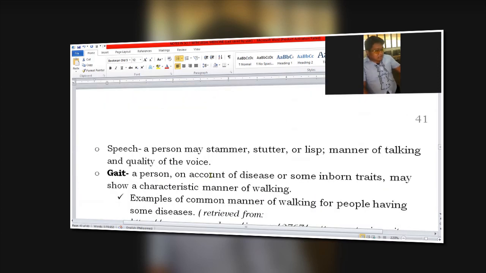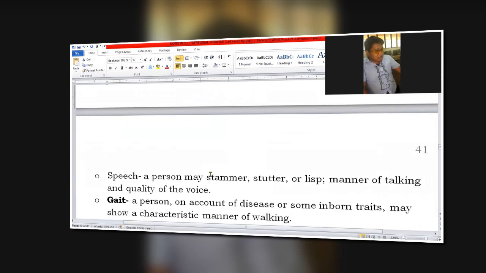So next characteristic is of course the speech. From a person's speech, you can establish who that person is, from the kind of voice and manner of talking. For example, with native Ifugao, you can determine whether the person is from Ifugao or from Mountain Province by the way they speak, so we can determine the race of the person.